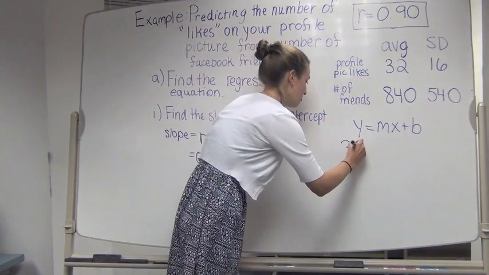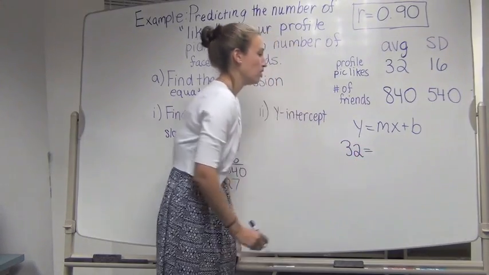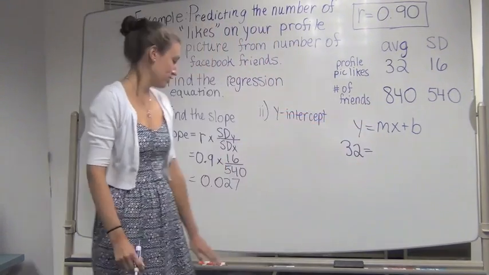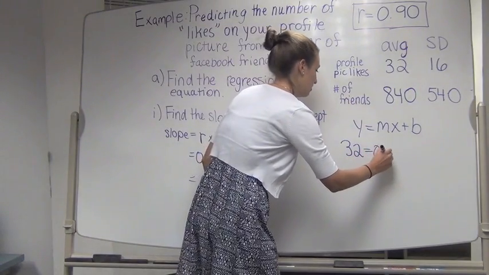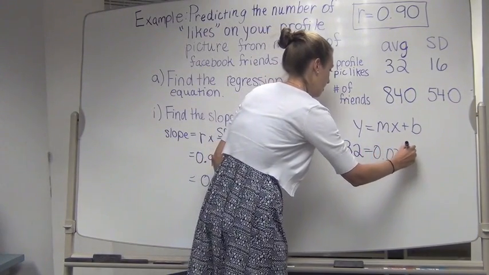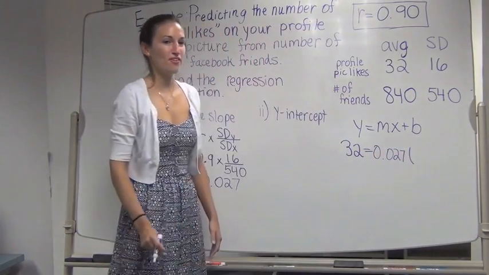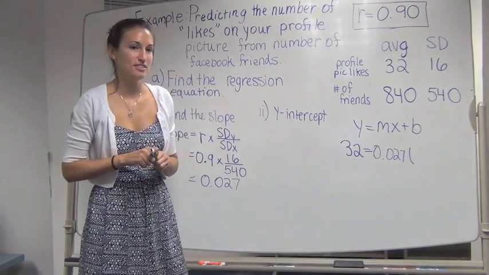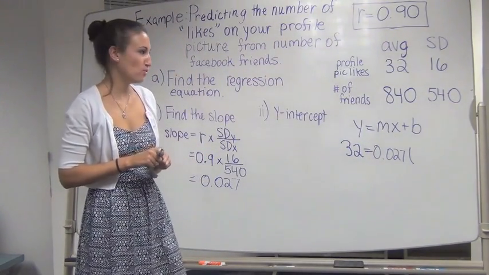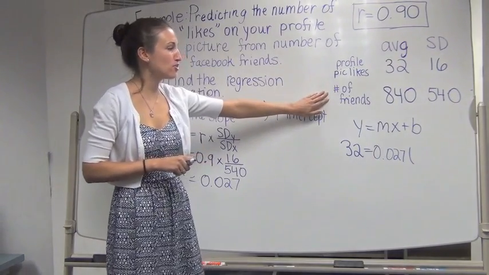So we have 32 equals, M is our slope. We just found that to be 0.027. And now we need to plug in something for X. So what are we going to plug in for X? The other average. Right, the average for the number of friends.